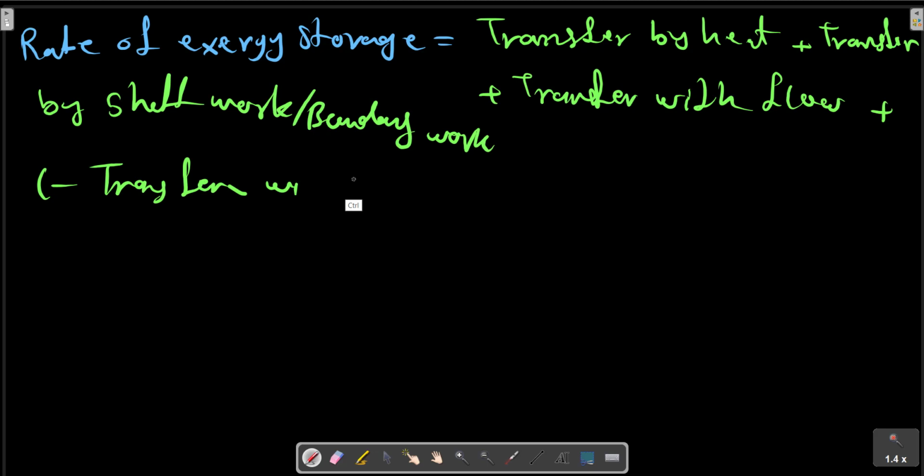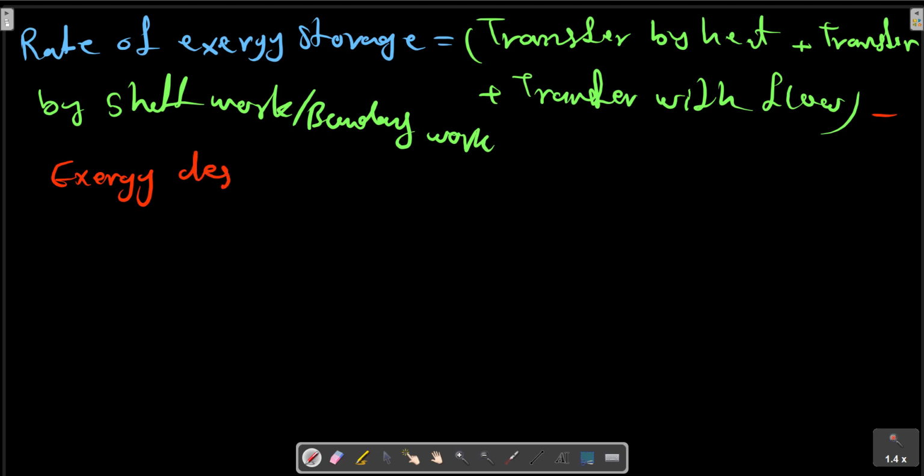There is no transfer expression here, and all of them minus exergy destruction.